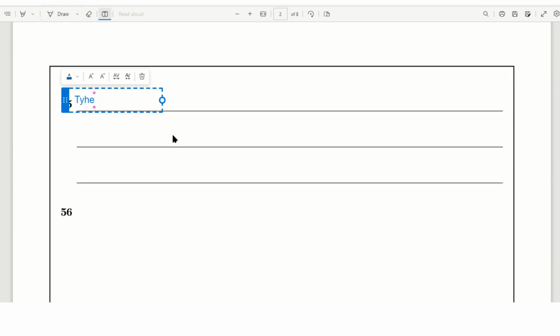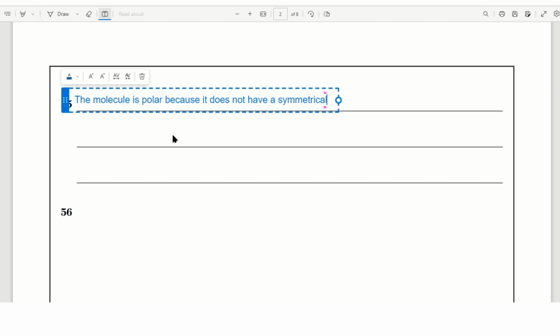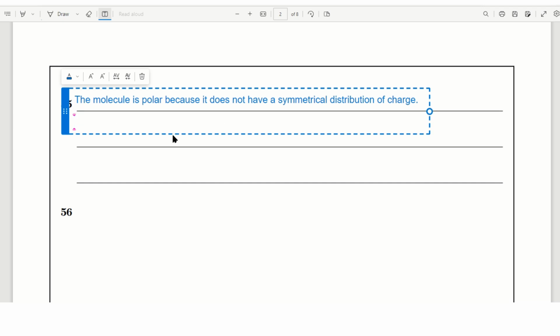Okay, so the molecule is polar because it does not have a symmetrical distribution of charge. Okay, I have to talk about the molecule. We're not talking specific bonds, right?